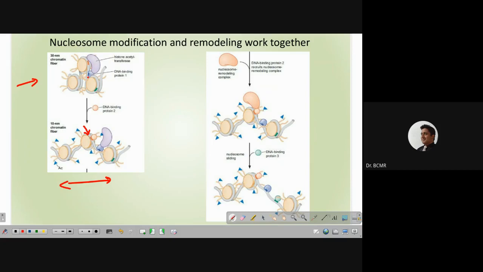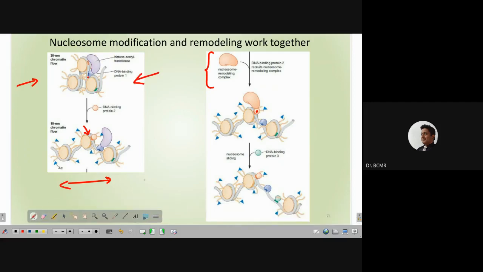And there you have a multi-protein complex called nucleosome remodeling complex, which can then bind to the protein here, and then act upon the genome for sliding or exclusion of a nucleosome and so on. Thereby, what was a very compact part of the chromosome is now opened up for interaction with several other proteins.